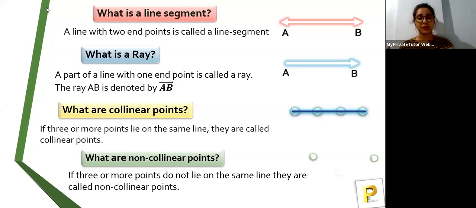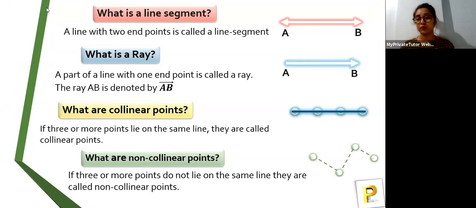But let's check. I have another point which is not at the same place where the rest of the points are, and one more which is a bit above. Then you can see that three lines are coming out of only 4 points, right? So these points do not lie on the same line.